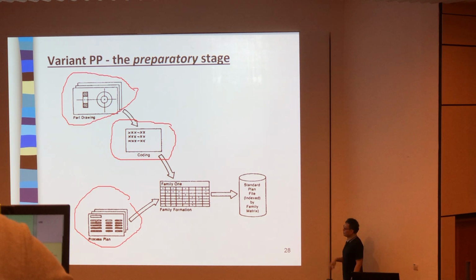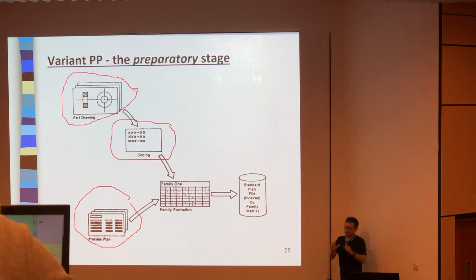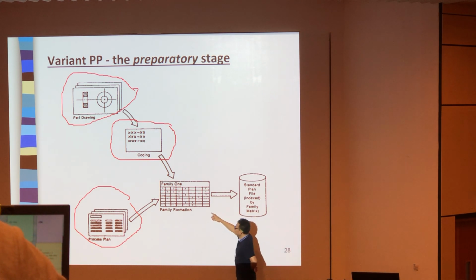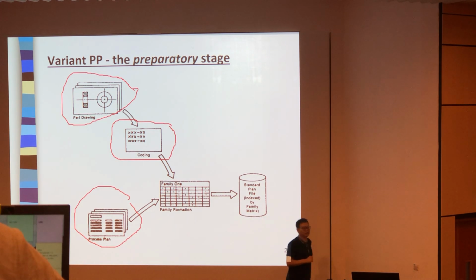And the last stage, before we reach here, is for each part family. Now we have part families, we have their members, we have standard plans. But we do not stop here. We would generate a family name for each part family.